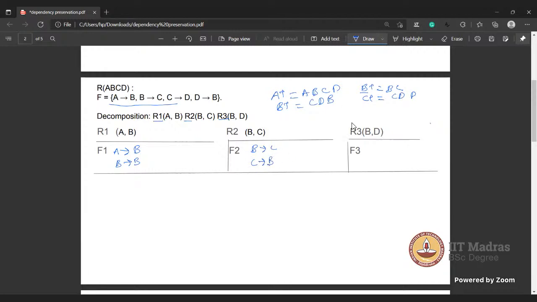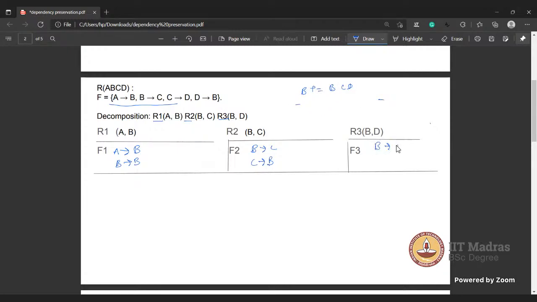Yes. Okay, then find B closure with the help of these functional dependencies. So B, C, D. So B determines D, right?